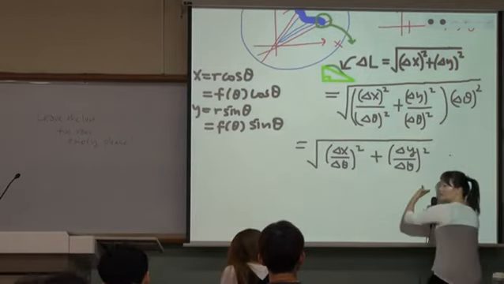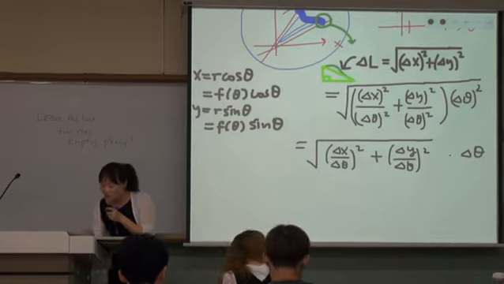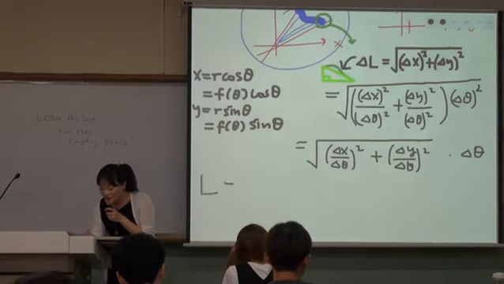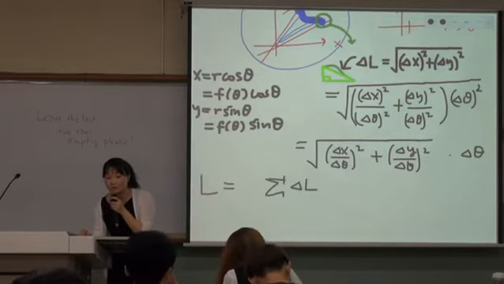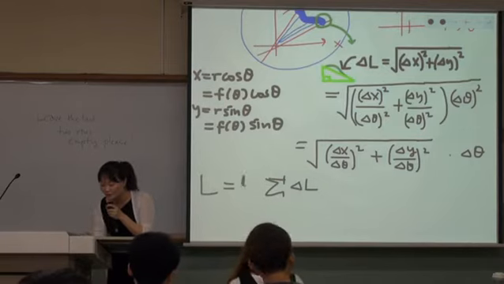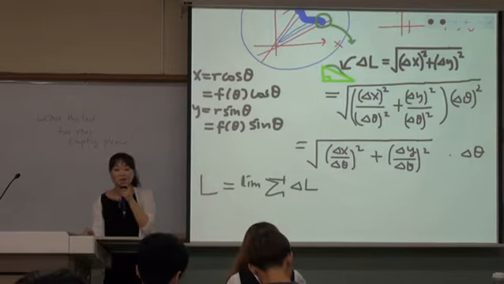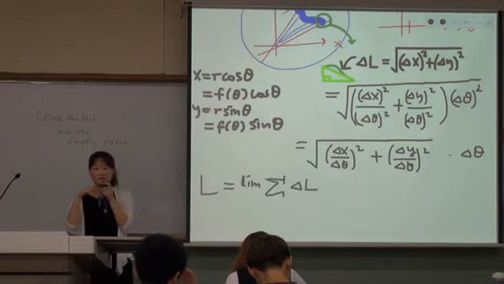So what's the square root of delta theta squared? It is usually the absolute value, but we don't need the absolute value because delta theta is positive. So we get delta theta. Agree? Okay. So the total length L is, we add up delta L. We have to add them up, and then to do better and better, we have to take the limit. We have to look at more subsections.